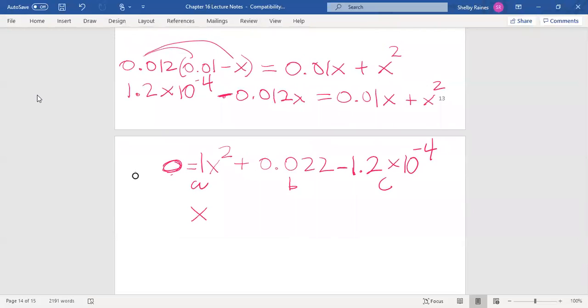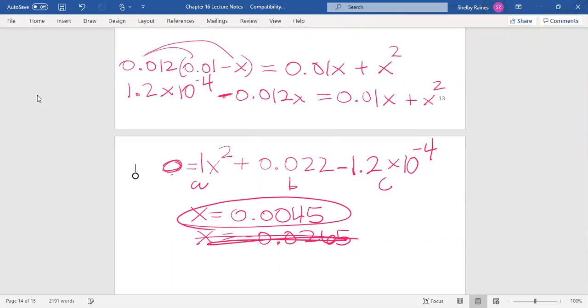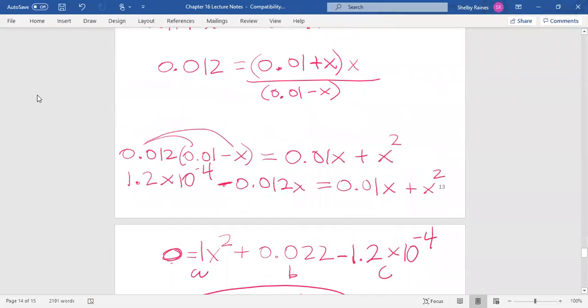When you do that, I got x to be 0.0045 and negative 0.0265. Well, I don't want the negative. I want that. So the problem asked us to find the pH, so all I'm concerned with is the hydrogen concentration in this example.